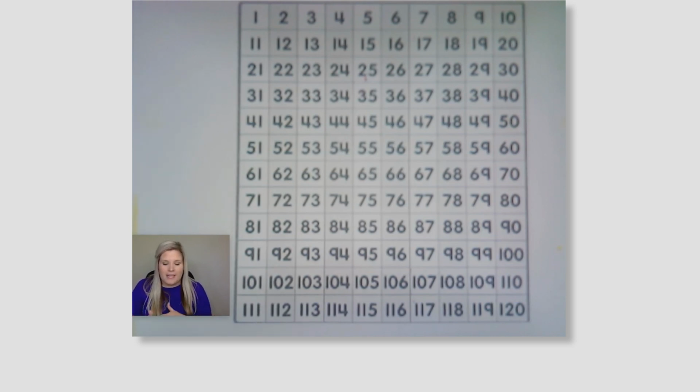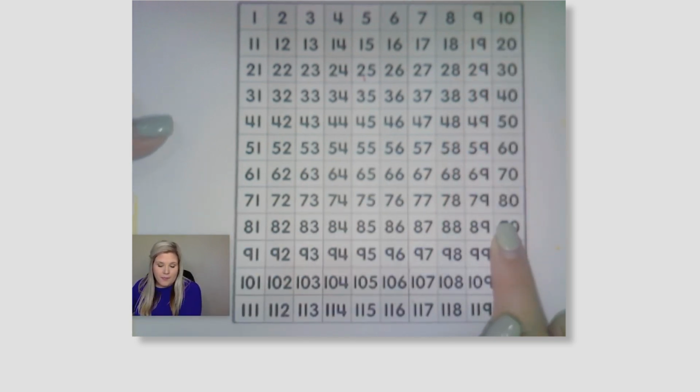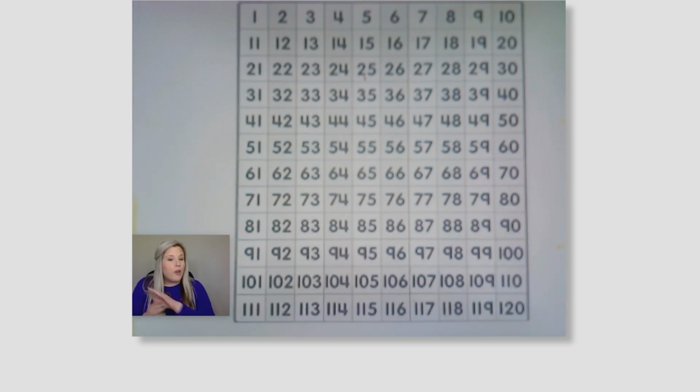When I counted by tens on my number chart, I moved down the column. I can count my tens from any number by moving down the column. Count along with me as I count by tens from the number 2.